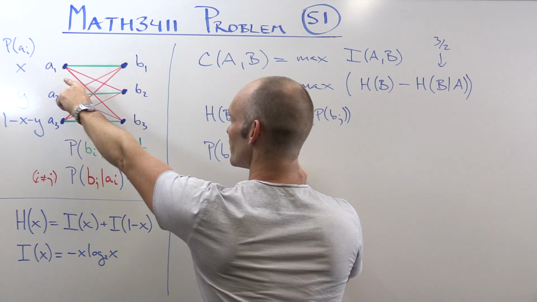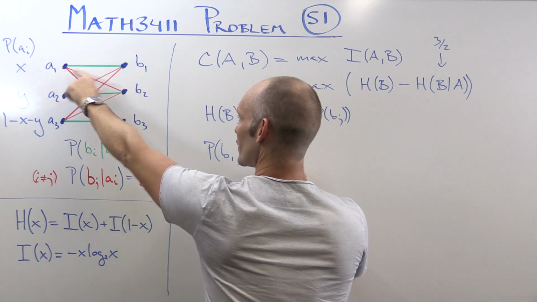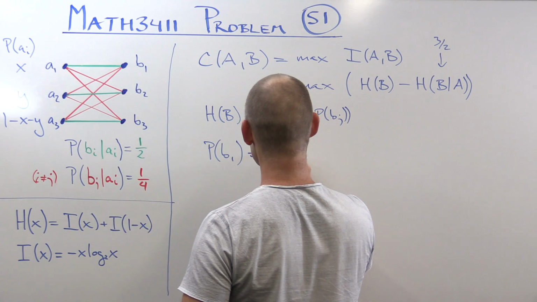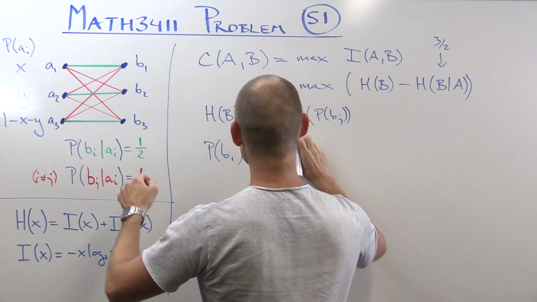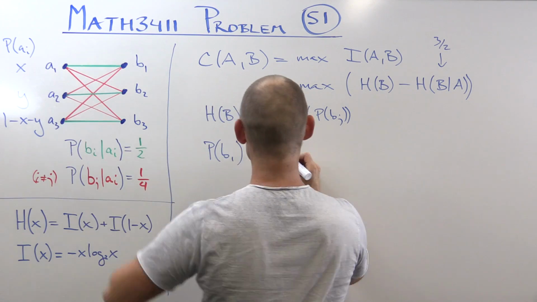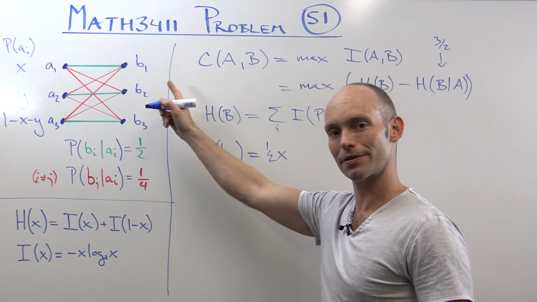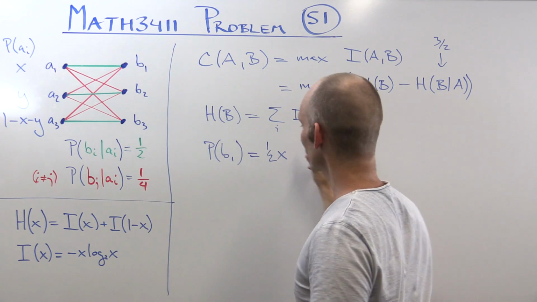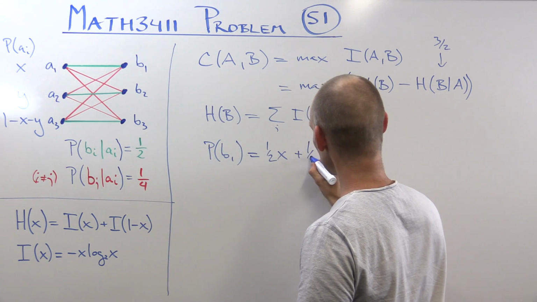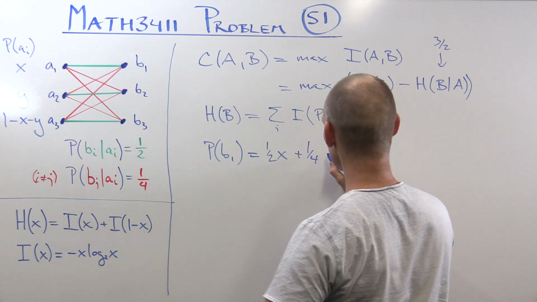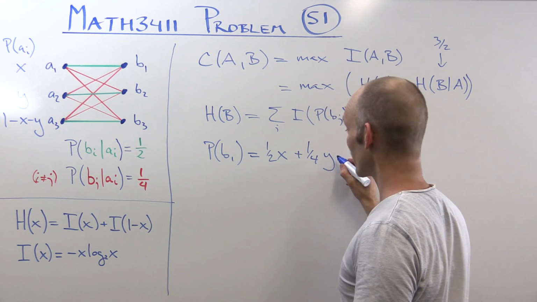So for instance, A1, the probability of getting from A1 to B1 is a half, and the probability of sending A1 in the first place is x. So that's a half x. We could have also got from A2 to B1, so that would have been with a quarter chance, times the probability that we sent A2 in the first place, which is y.